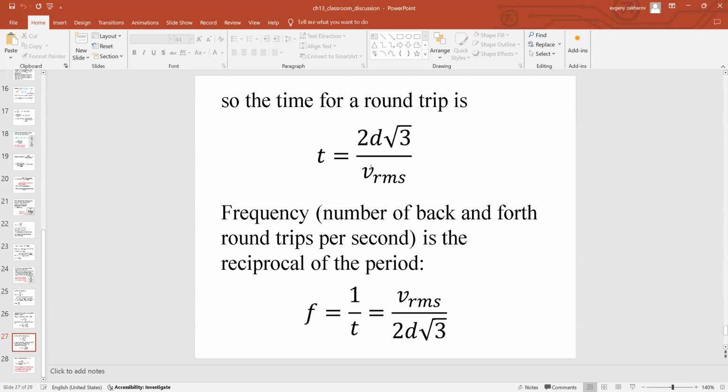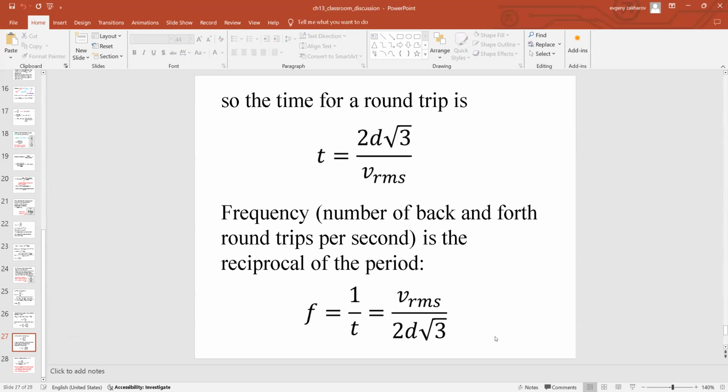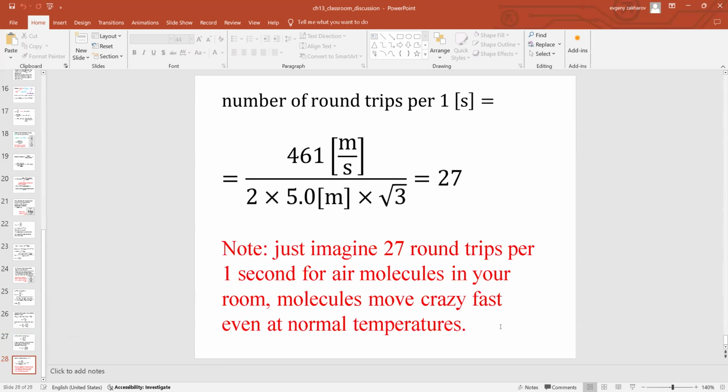And for the round trip, you double the distance. And if you want the frequency, it's the inverse of a period. So if this is for one complete round trip, the inverse of that number is the frequency of how many times per 1 second you do something. And you get about 27 times.